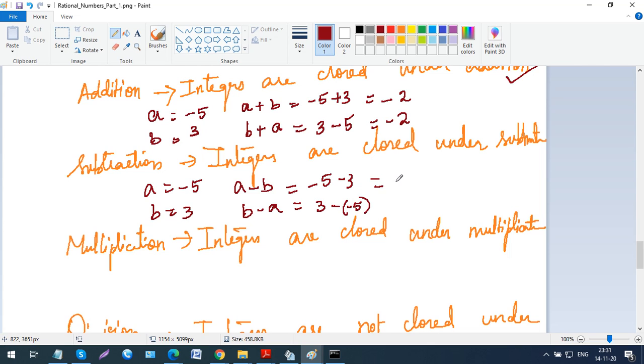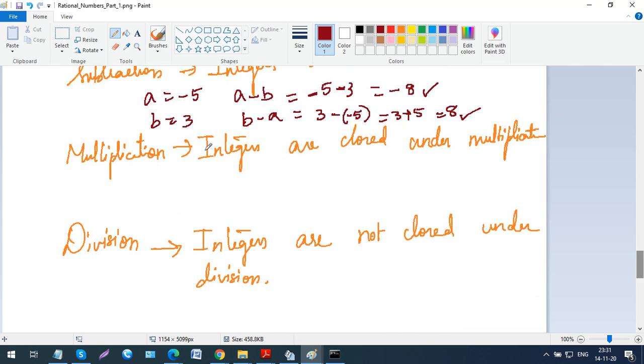So this is giving you minus 8, because the larger number is minus. And here, 3 plus 5, because minus into minus is plus, so you get 8. So in one case you are getting minus 8, in the other case you are getting plus 8. Both minus 8 and plus 8 belong to the integers only, right? So this is also satisfying.